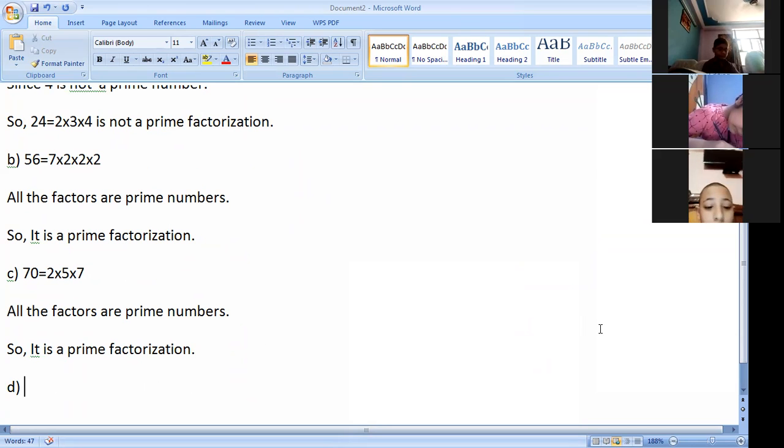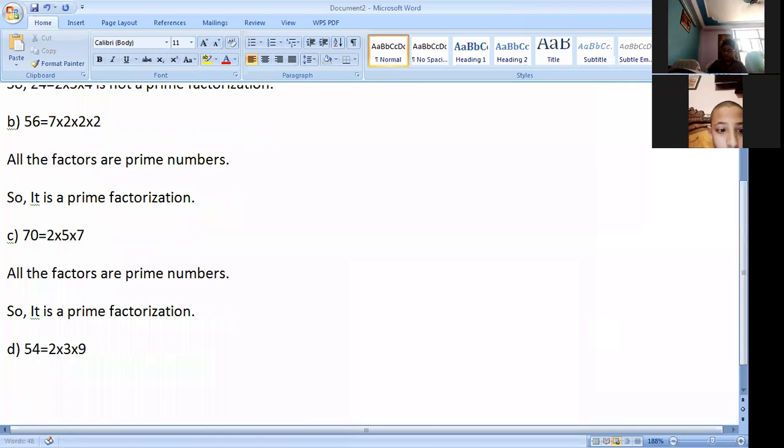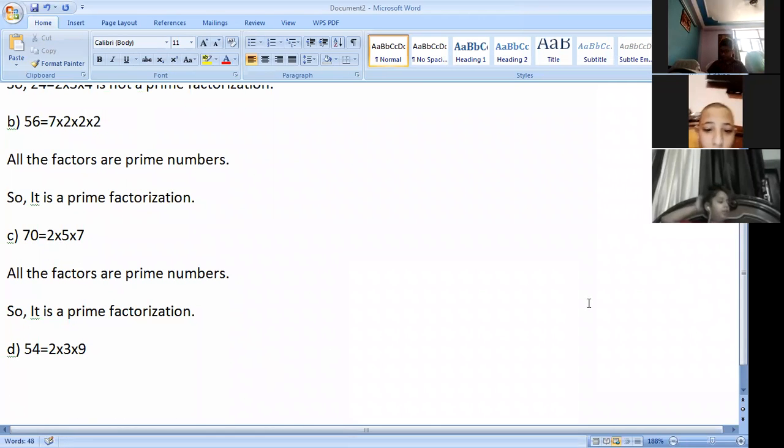Shubh, unmute yourself. 54 is equal to 2 multiply 3 multiply 9.